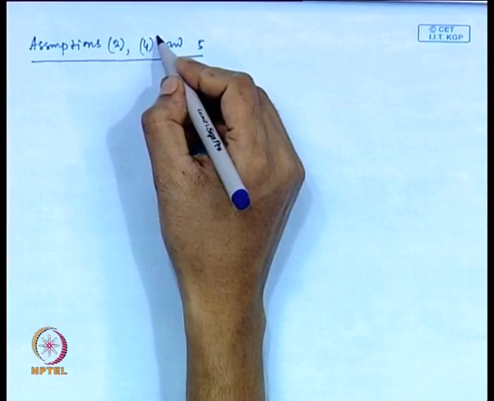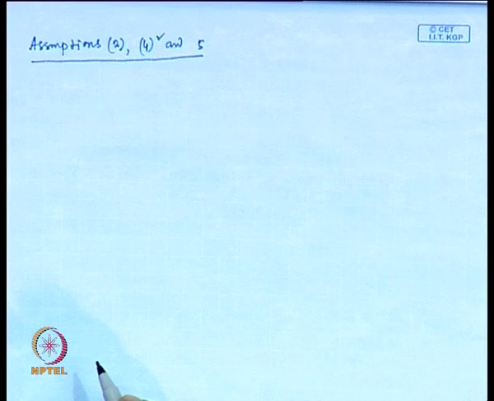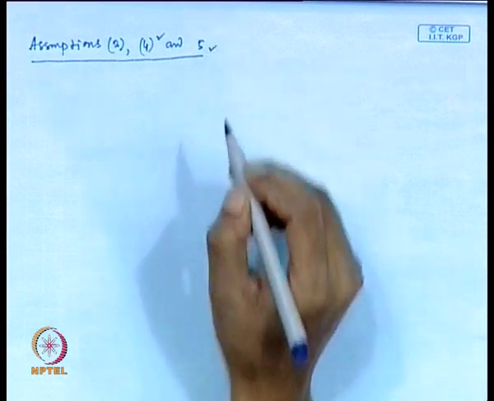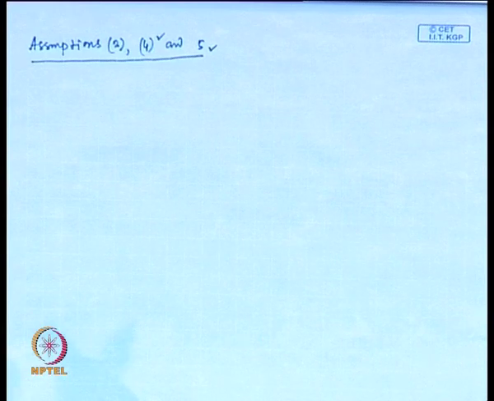The fourth assumption is there is no vapor hold up. Vapor hold up is negligible on each tray. And fifth assumption is if 1 mole of vapor condenses, at the same time 1 mole of liquid evaporates.